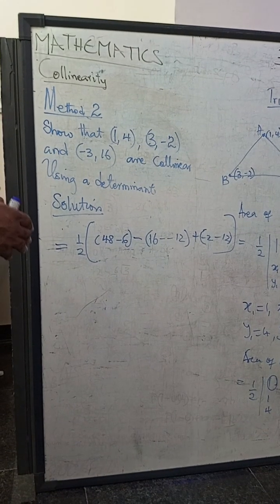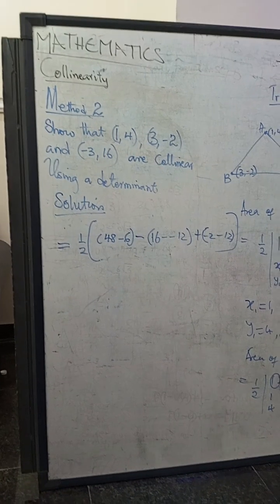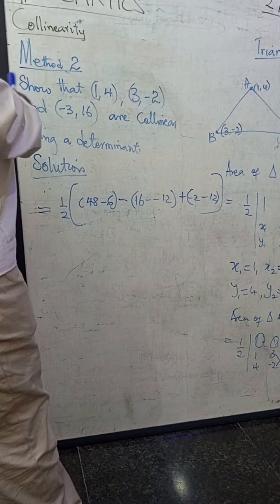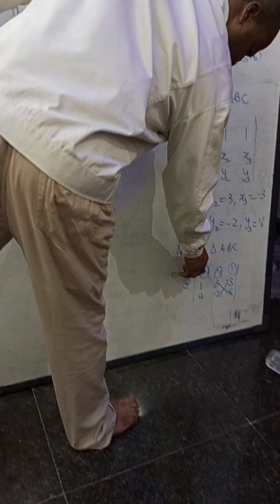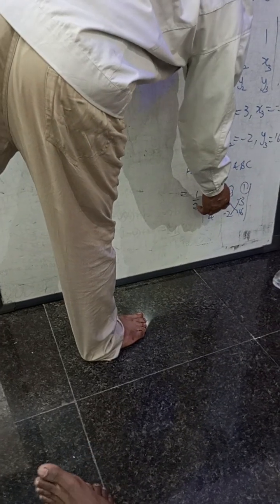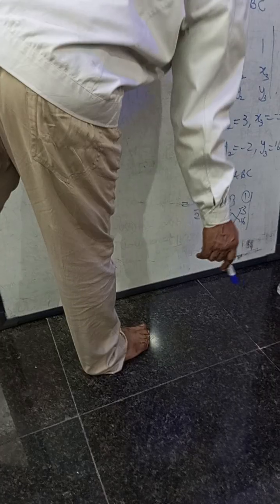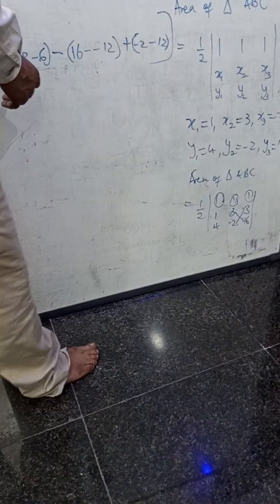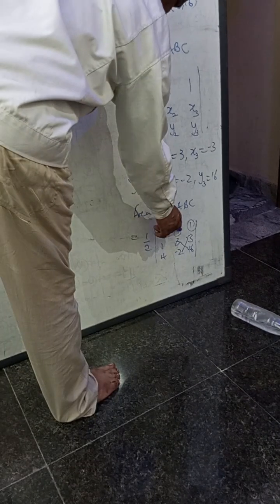Okay, so we want to continue with our calculation, and I hope that whatever you've done is correct. I want to explain this again. Our calculation begins from top left to down right. So we pick this point and we're left with these 4 cofactors. Then multiply 3 times 16, that gives us 48. Then minus 2 times minus 3, that gives us 6. And we have 48 minus 6. Then for the second point, we have a minus 1 here.